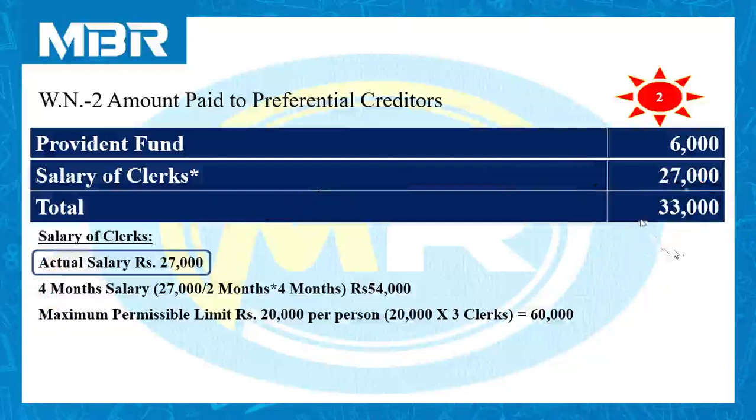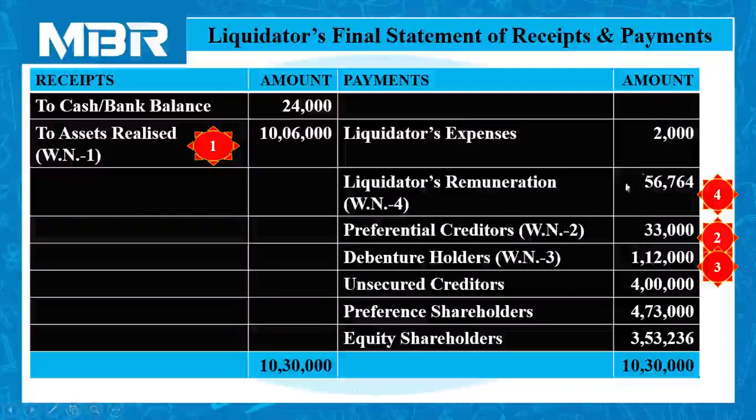We have to shift these 33,000 to the statement, and the amount is 33,000 for preferential creditors. The amount of preferential creditors is rupees 33,000. Now, on the third stage, we need to pay the amount to debenture holders.